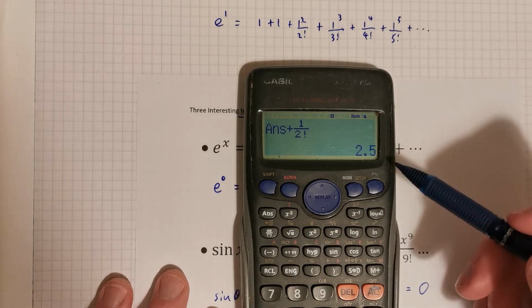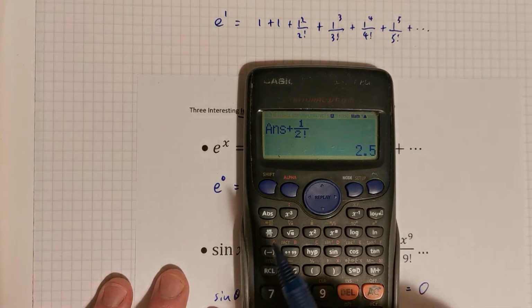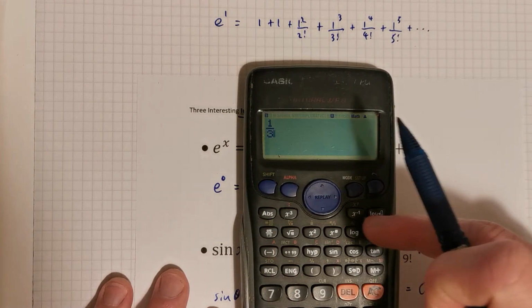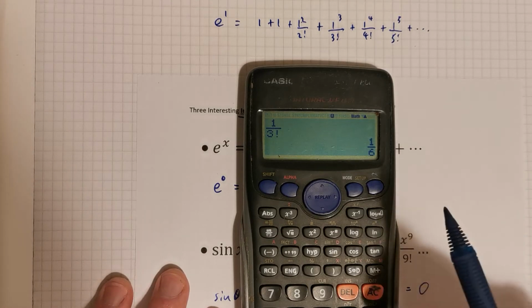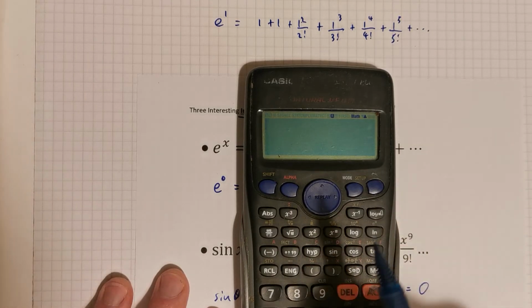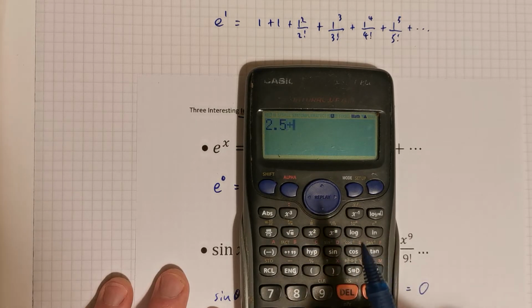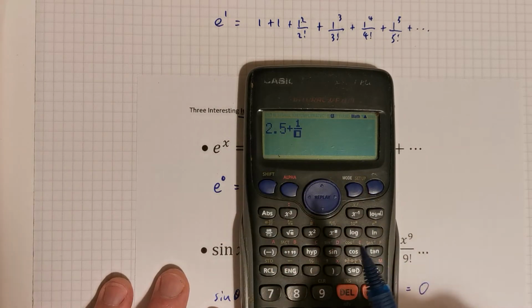Again, a better approximation for e. Let's add in the next term, 1 cubed over 3 factorial, and we were adding that to our previous answer of 2.5.